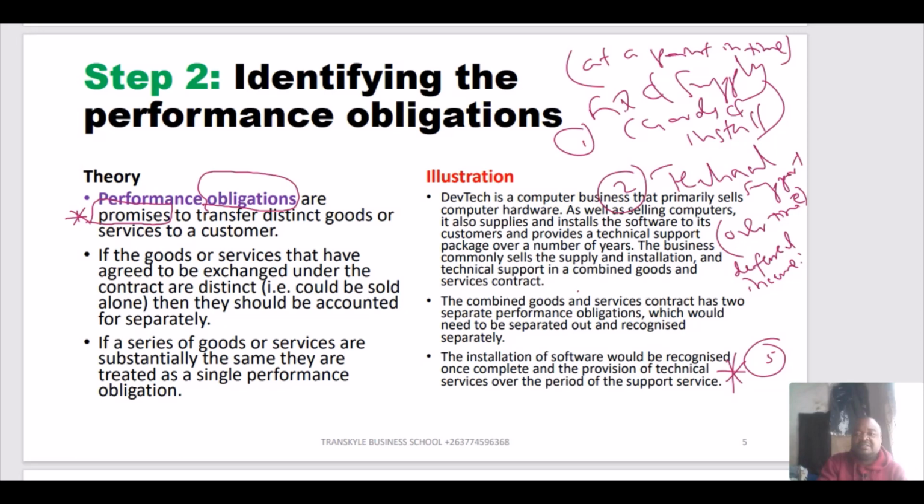In this case, the performance obligations have been identified as number one, the supply and install of fixed supply, and then the technical support, which follows as obligation number two, and these have to have their separate recognition criteria. Okay, let's move on.